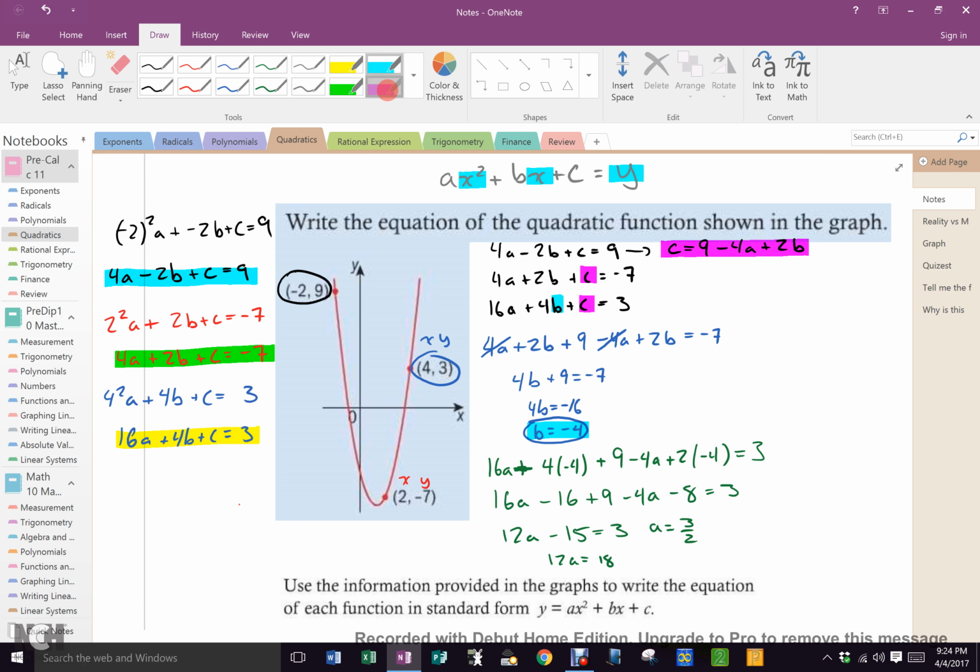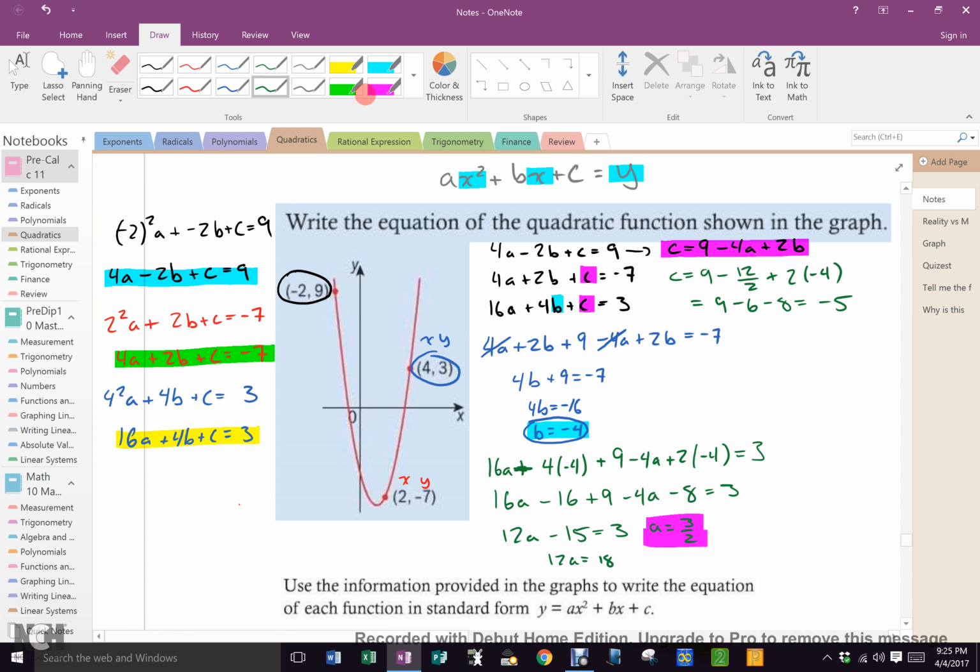So now I have a and b. I don't know c, but I know a and b. C equals 9 minus 4 times 3 halves, which is 12 over 2, plus 2 times negative 4. C equals 9 minus 6 minus 8, which equals 9 minus 6 is 3, 3 minus 8 is negative 5.